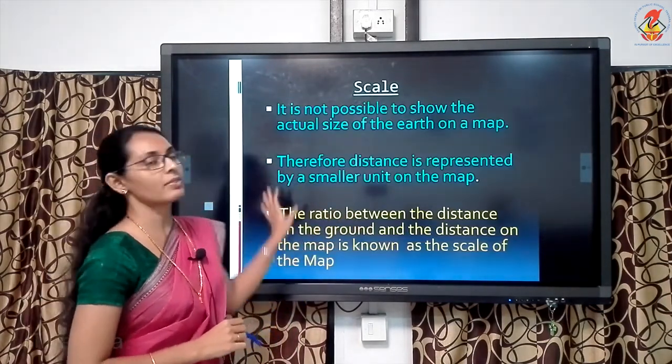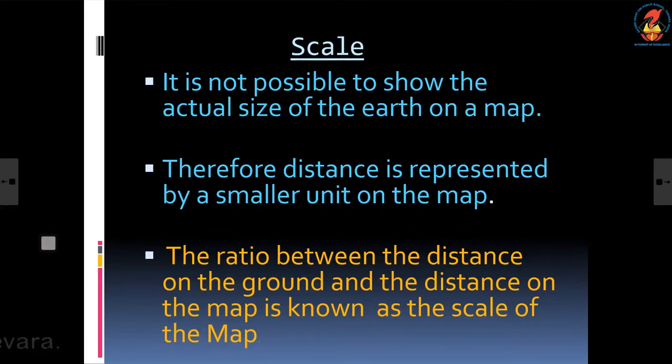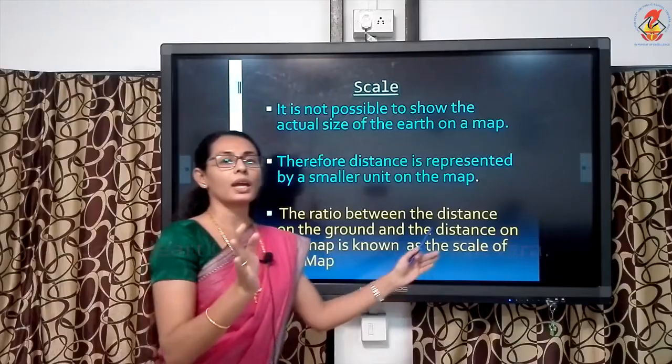Now the second important feature of a map is scale. What do you mean by scale? It is not possible to show the actual size of the earth on a map. For example, the distance from Delhi to Jammu Kashmir, or from Kerala to Jammu Kashmir, is not easy to show on a map.